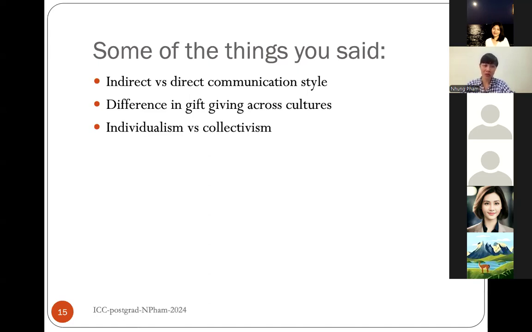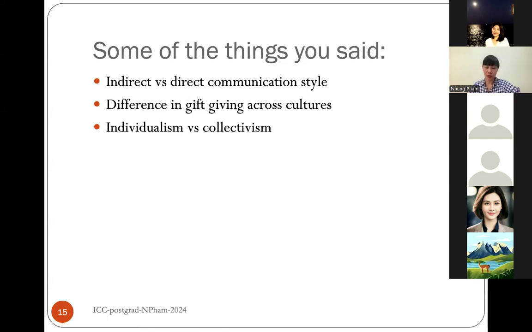And it also depends a lot on the context. This is why we have high context and low context communication, or high context and low context culture, when communication really depends on contextual factors to correctly arrive at the message intended by the speaker.